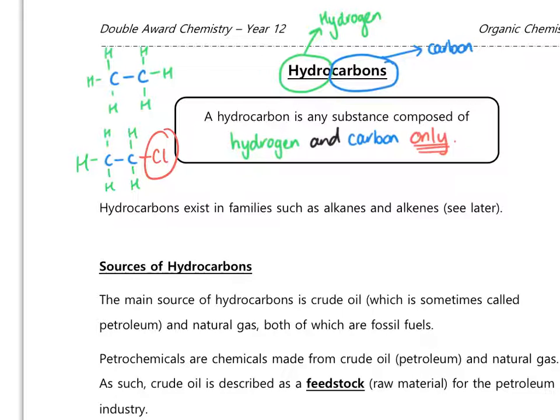Because we now have a chlorine, therefore it does not fit the definition, because it contains carbon, hydrogen and chlorine. So you just got to be really careful to include that word only. So you can see that chloroethane, as we would call it, contains hydrogen and carbon, but because it contains chlorine as well, it's not a hydrocarbon. The rest of this page was covered in the other videos.